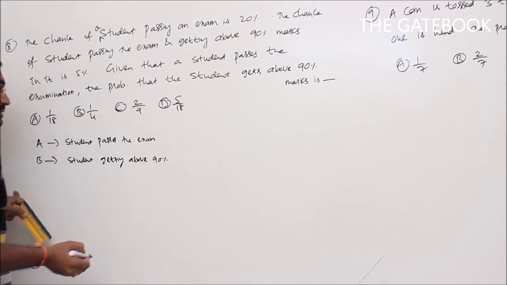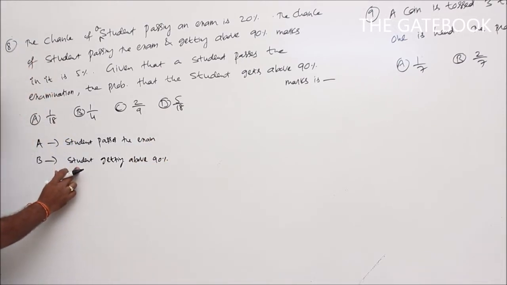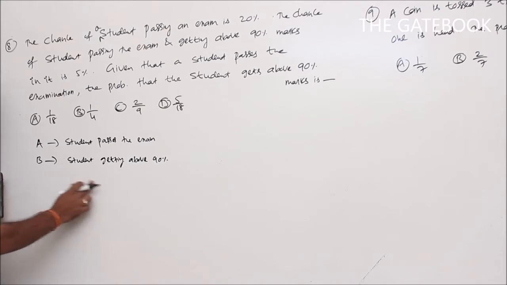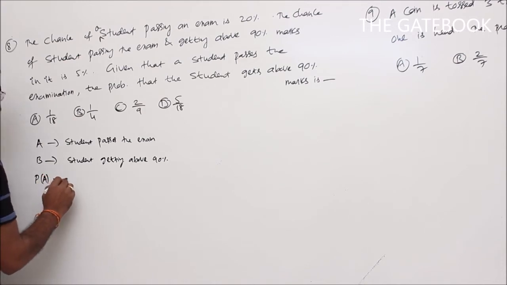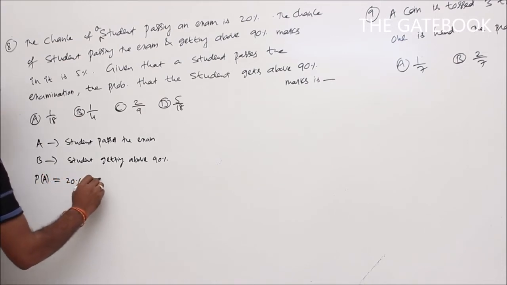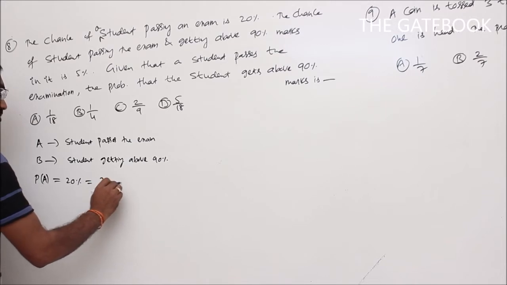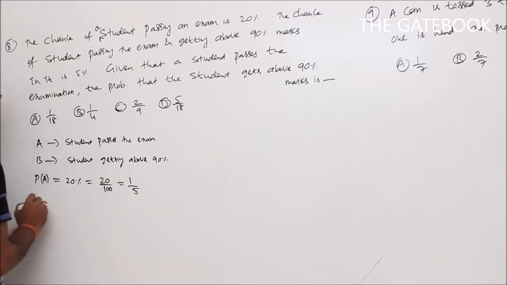When you get above 90%, then the student definitely has to pass the exam, only then can you get above 90%. So it is given that P of A is 20%. 20% means 20 by 100, so we get 1 by 5.